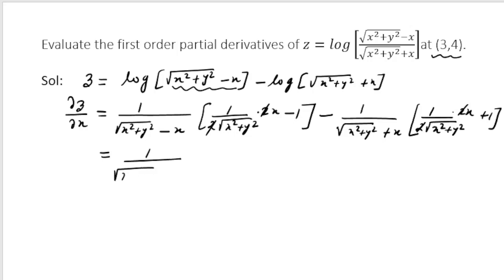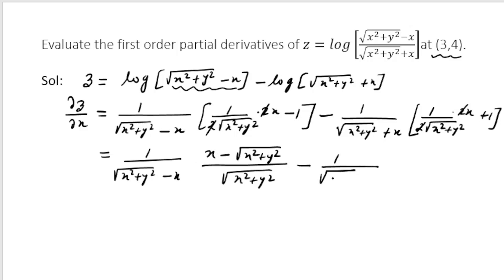So I write under root x square plus y square minus x, and if you simplify this, it will be x minus under root x square plus y square divided by under root x square plus y square, and minus 1 by under root x square plus y square plus x. And here it is x plus under root x square plus y square by under root x square plus y square.